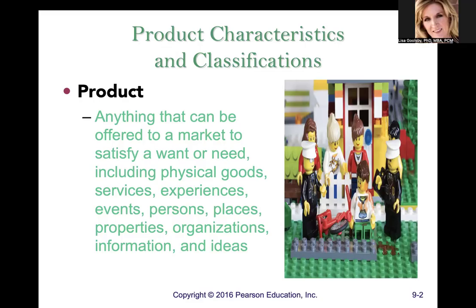People are marketed every day. Places, properties. If you're selling a house, you're marketing that property. Organizations, I'm sure that within La Sierra University, there are a lot of student organizations, and those organizations are getting marketed to get new members and find things for the students involved in those organizations to do.